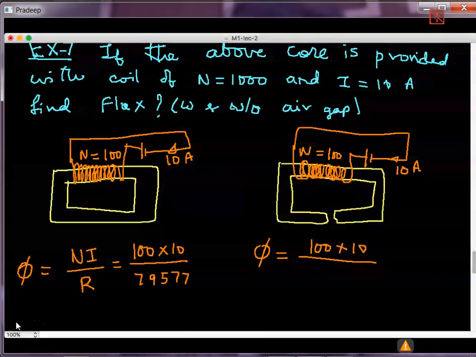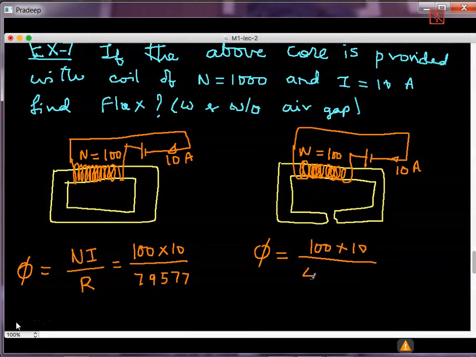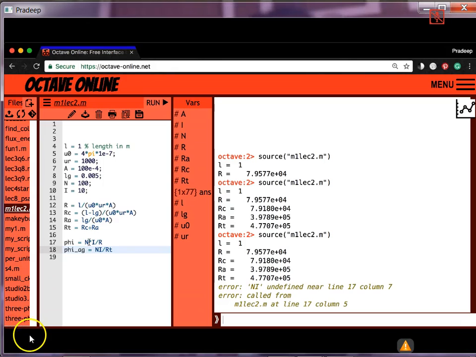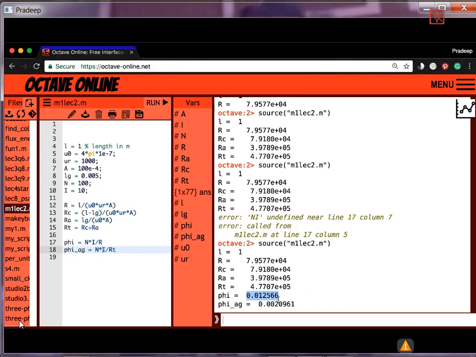So this is 4 lakh 77,070. So how much is the flux in the first case? I'm getting 0.0125.